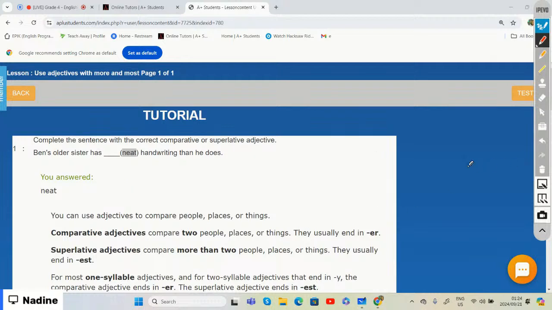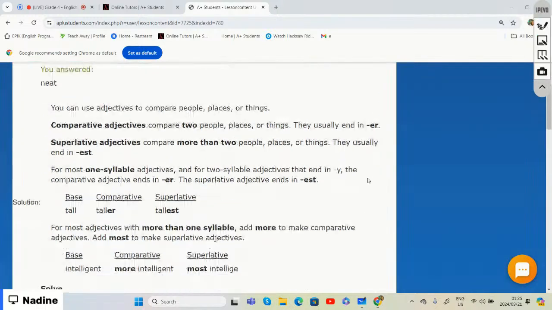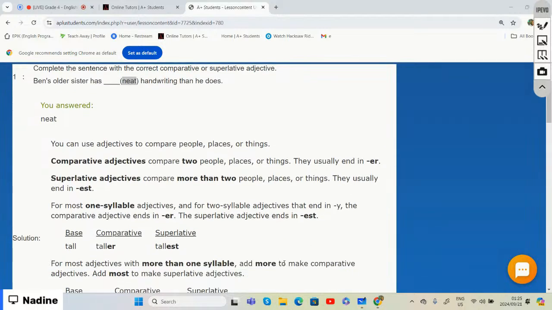All right. So we say that comparative adjectives compare two people, two places, or two things, and end with er.